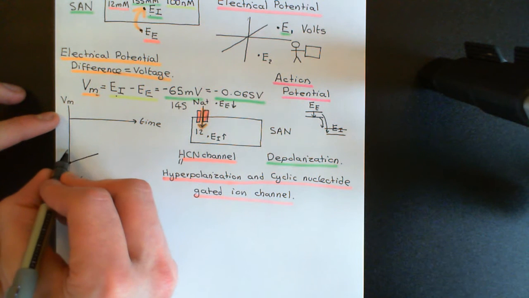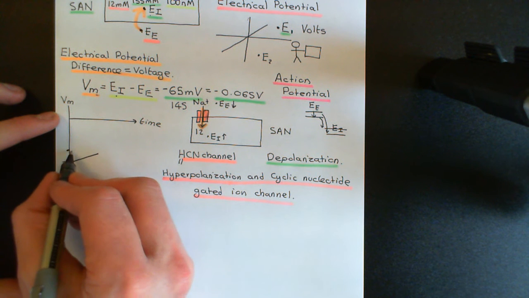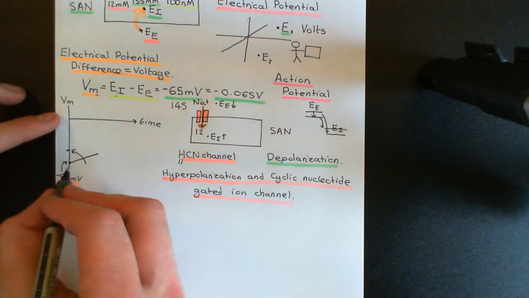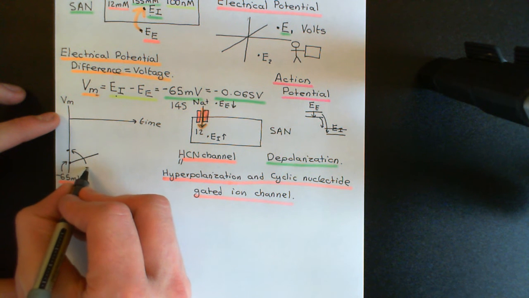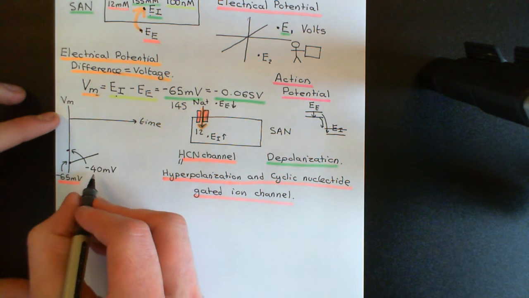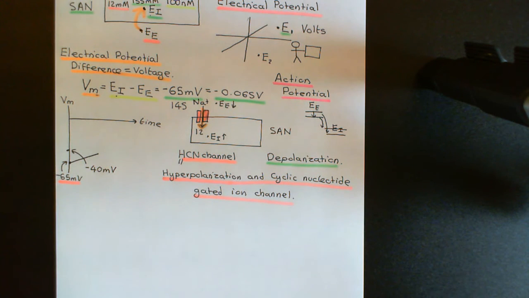Okay, now what will then happen is when this passes a certain point, and this is exactly like what would happen in neurons, once it passes a certain point called the threshold potential, which is usually around negative 40 millivolts, it will then fire a preordained action potential. Okay, it will generate one of these changes in the electrical potential difference across the cell membrane, just as can be generated in normal cells.